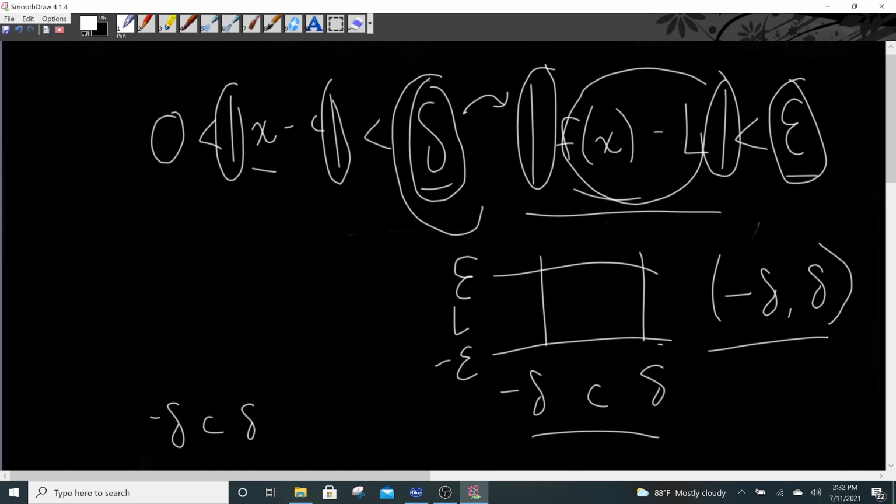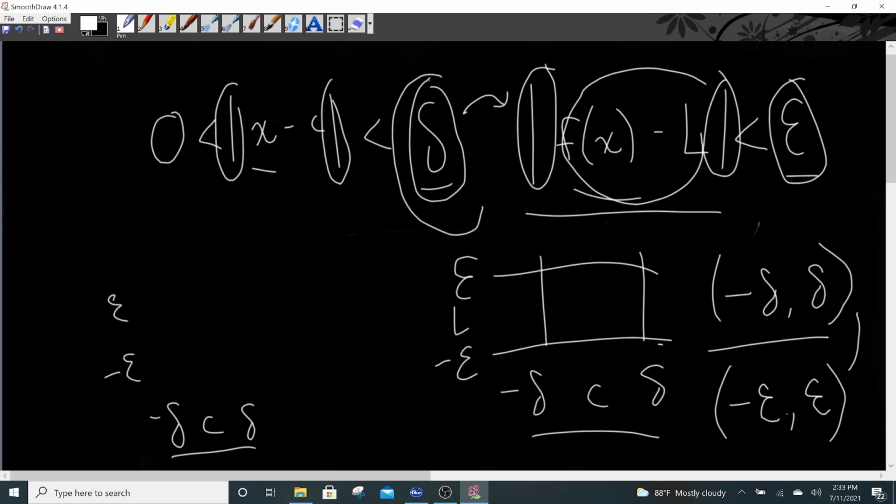And that implies the formation of the range negative epsilon to epsilon. This results in that. And since these two have an if-then relationship, we know that if we constrict our negative delta to delta, then we would have a smaller negative epsilon to epsilon.